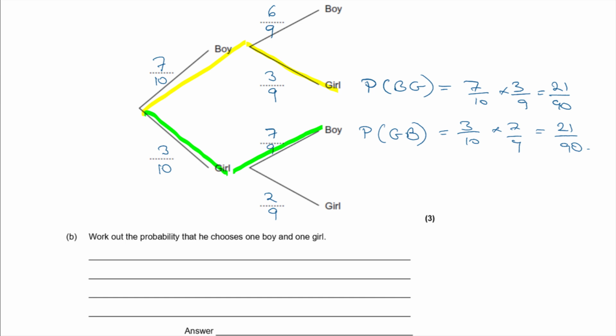So anyway, the probability then of 1 girl and 1 boy, that's the probability of boy girl plus probability of girl boy, because in probability "or" generally means add, which is 21 over 90 plus 21 over 90, which is 42 over 90, and that is my final answer, 42 over 90.